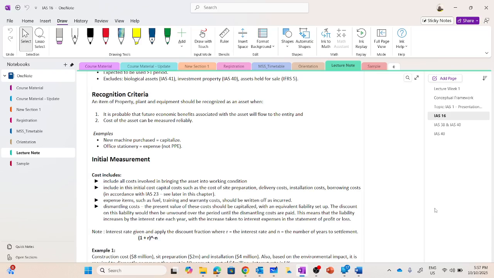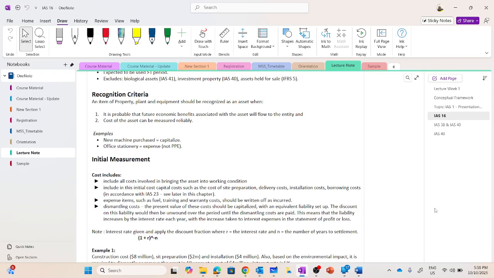One of the criteria is the definition. The item should meet the definition of property, plant, and equipment, of an asset, before we think about recognizing that particular item. The second condition, which is also important, is the measurement reliability.